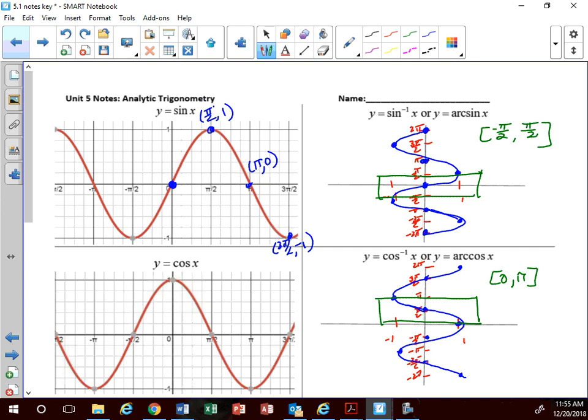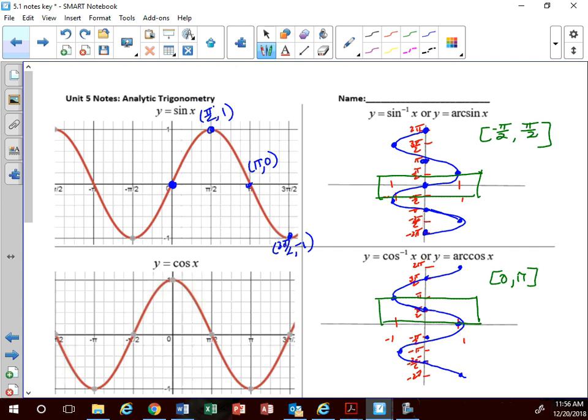We're talking about the functions that are inverses. So we only want to look at a small window of it. Otherwise, you'd be talking about an infinite number of answers, too. So if you told me 7 pi over 4, you guys see how that would be up here in this part of the graph? That's not in this green window, right? Okay, so that's why that's not okay. I only want answers in this little section.